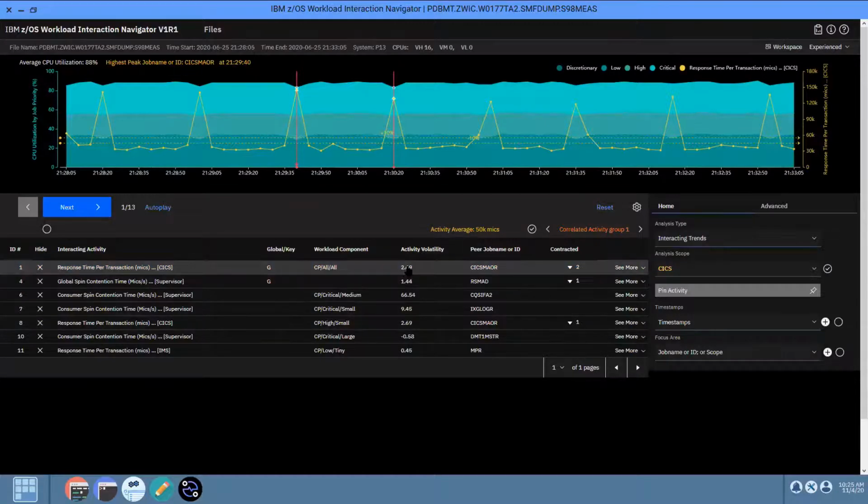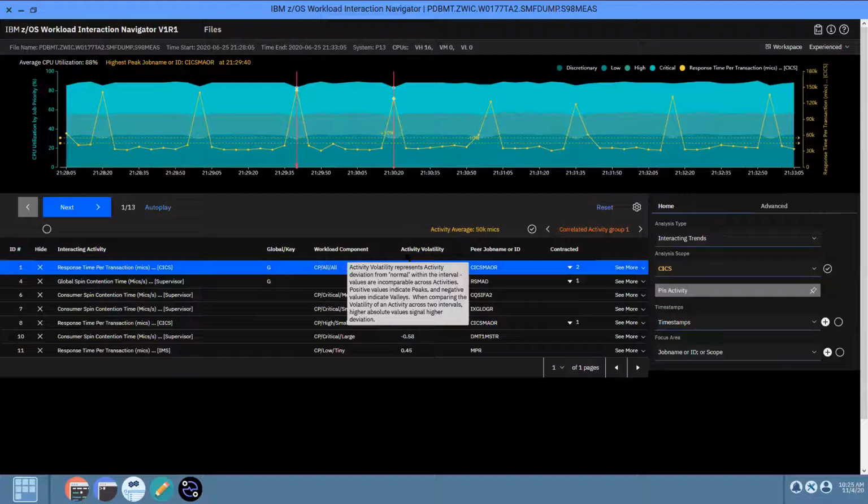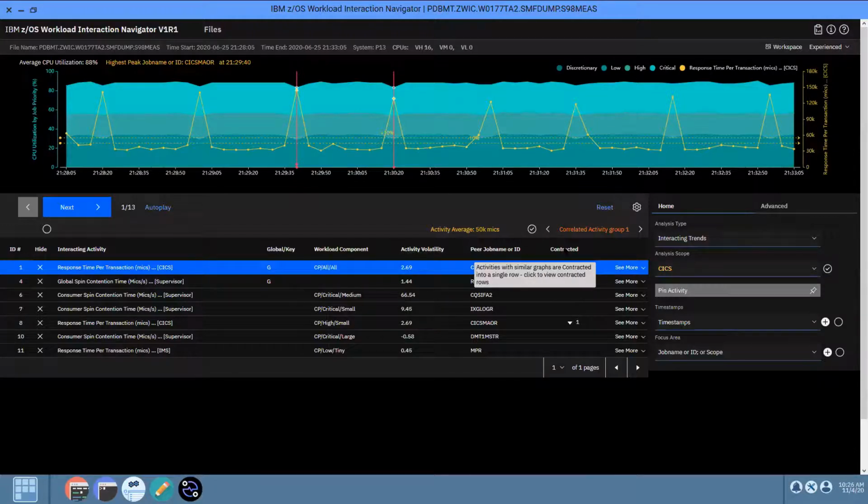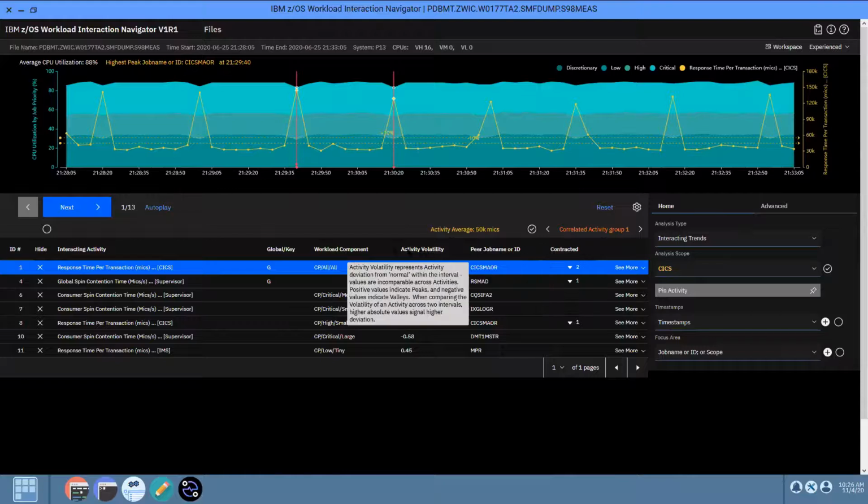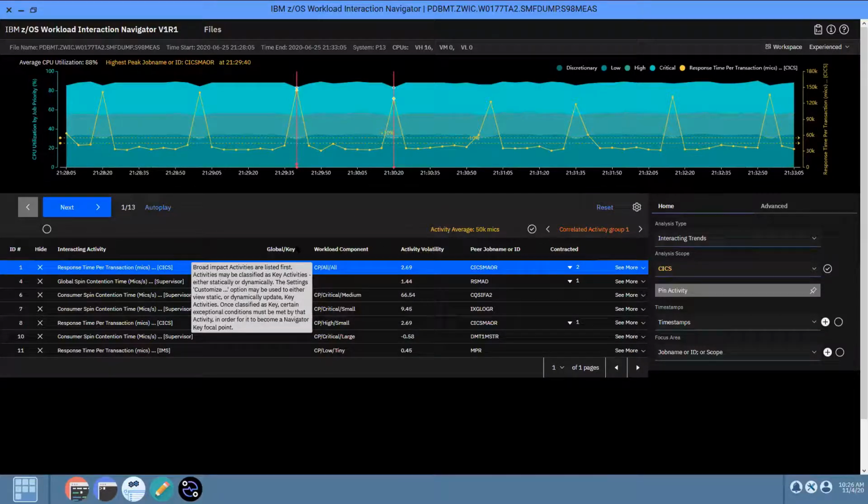As you can see, I hovered my mouse over activity volatility, and it presented some help text about what activity volatility means. So you can get some information about what these various column headers are just by hovering your mouse over them, to quickly remind you of what this information is.